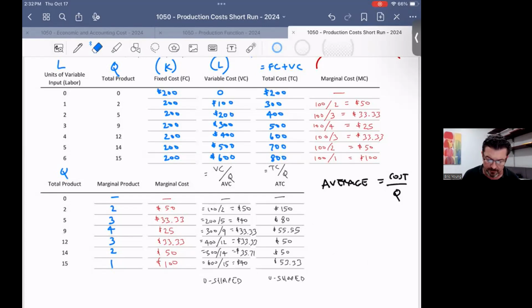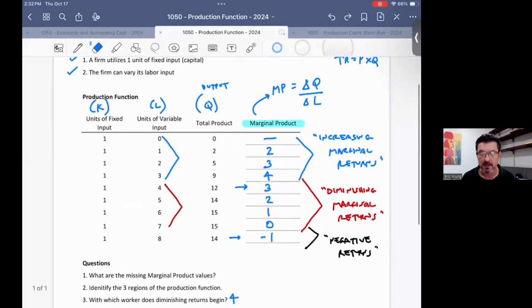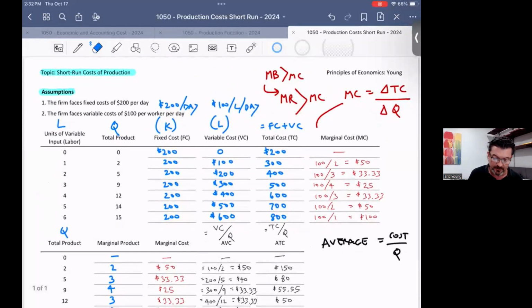Notice what we've done here. We took production function data and output data, and then we applied prices to it. We applied the price of fixed capital at 200 a day, which gave us this column here. We applied the price of variable labor of 100 a day, which gave us this column here.